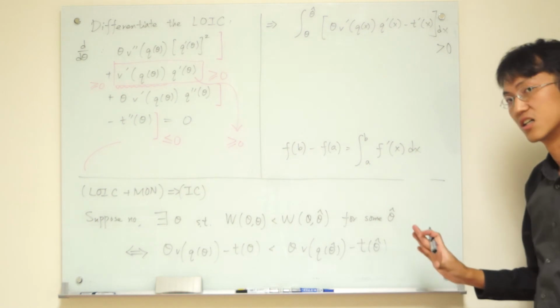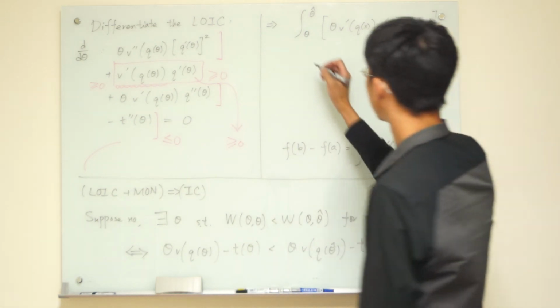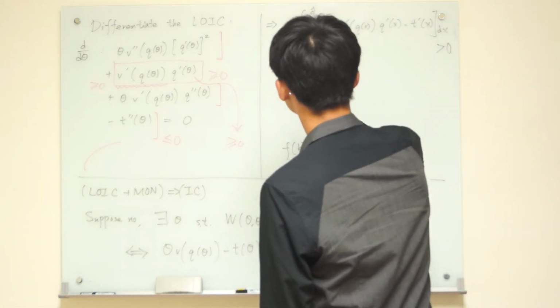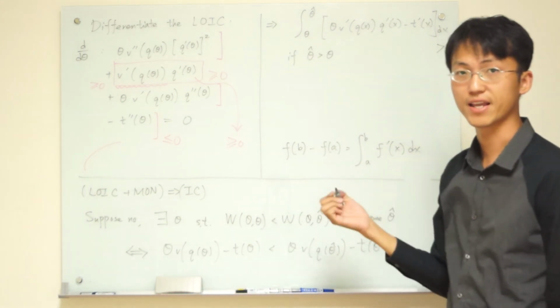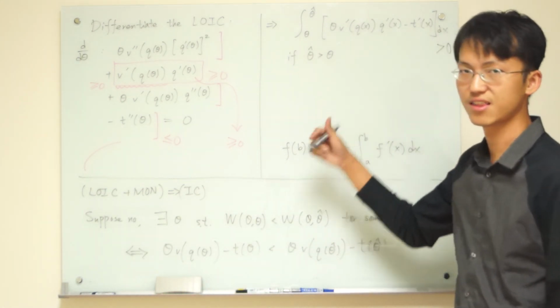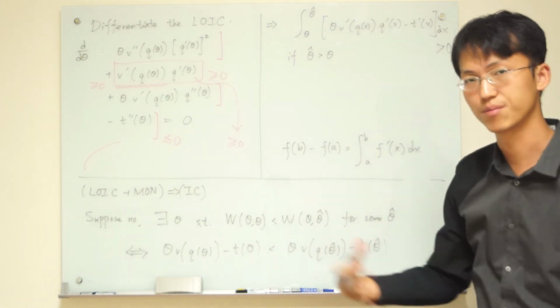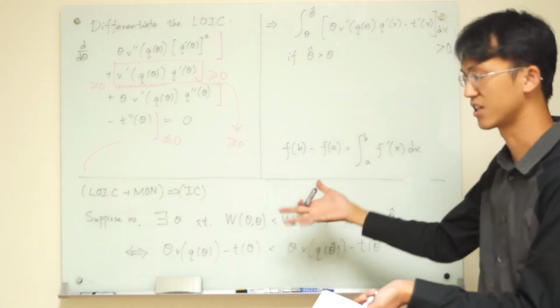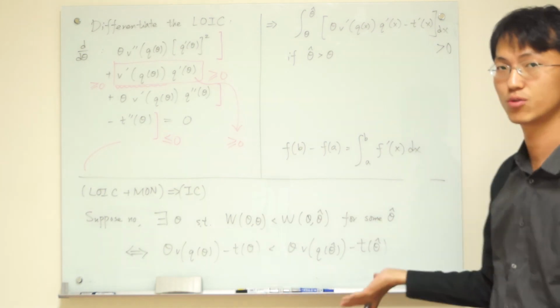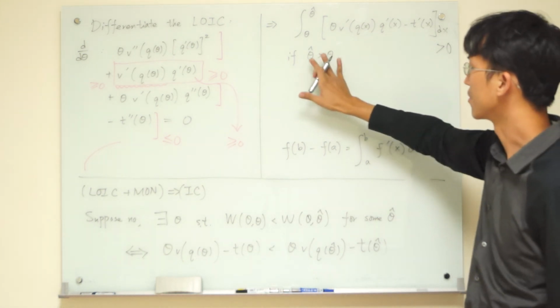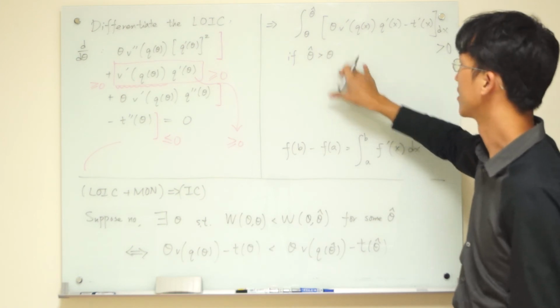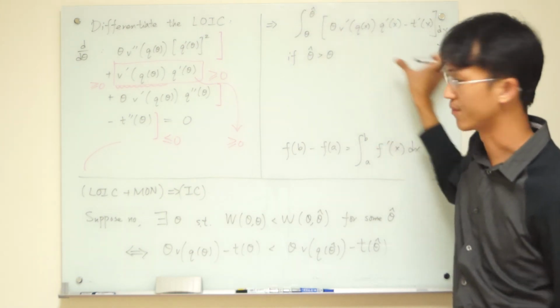Here one thing to remind you is this happens if theta hat is greater than theta. If theta hat is less than theta, then you have the reverse thing. You can do that, and it's the other part of this proof, but we're not going to do that because everything will be identical. So assume theta hat is greater than theta, then we have this expression.